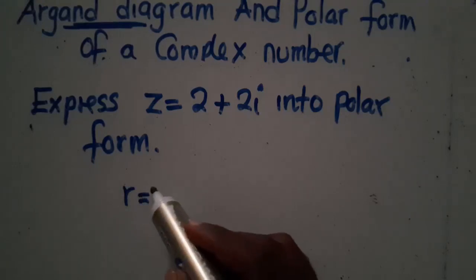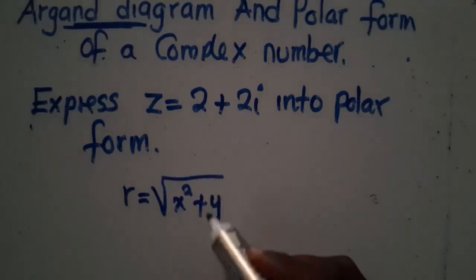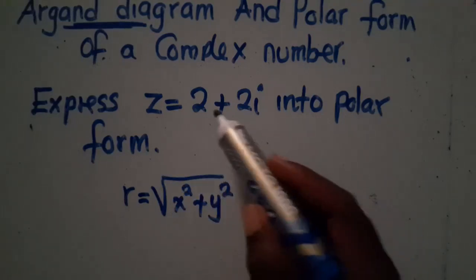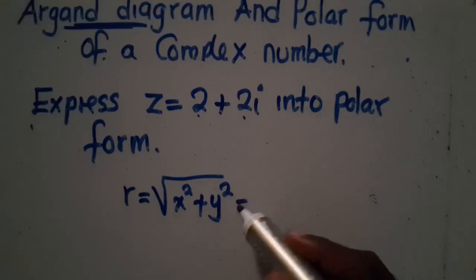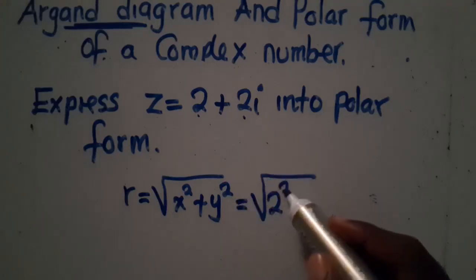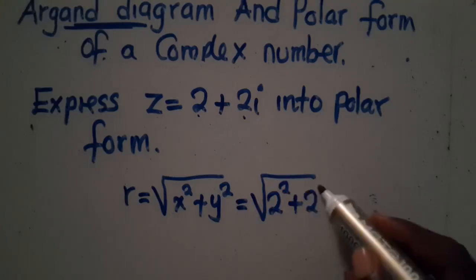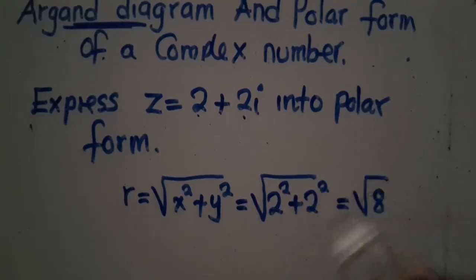Radius is equal to the square root of x squared plus y squared. This is x, that is y. So this is 2 squared plus 2 squared. What answer are you going to have? You are going to have 8 there.